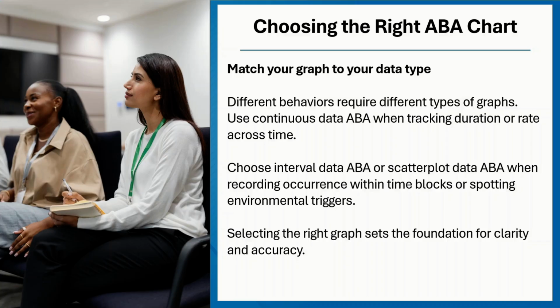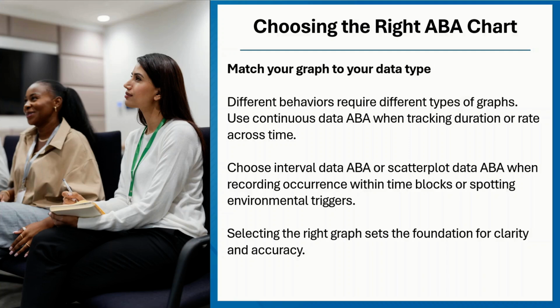Next, we are going to discuss how best to choose the right ABA chart to use. When it comes to ABA graphing data, context is everything. Continuous data ABA works great when you are monitoring how long or how often a behavior occurs.